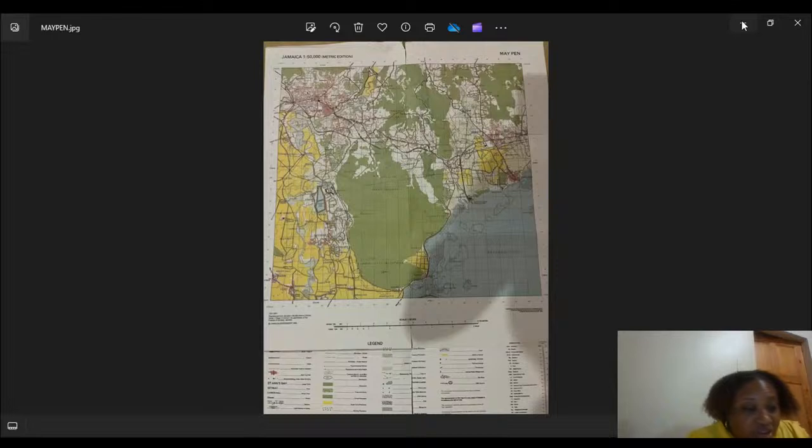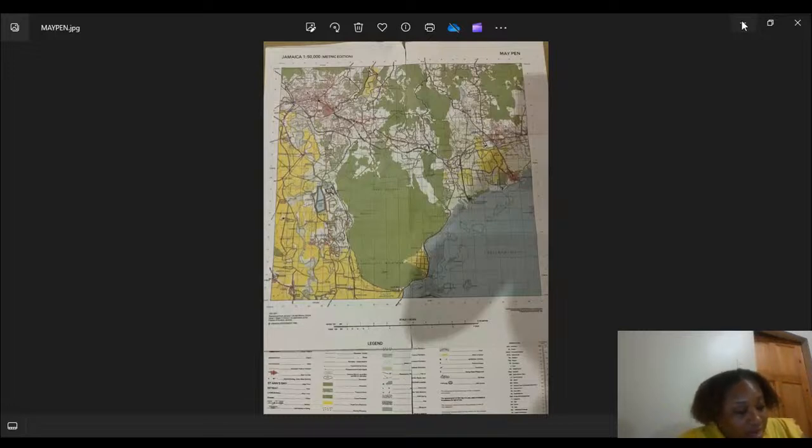In terms of drainage, you will notice where the rivers are as well, that Rio Minho River, you will notice that is like the valley. So you have that river flowing through Mapan and Curato Hill or Trenchtown, that area.